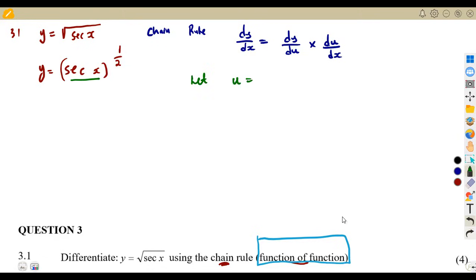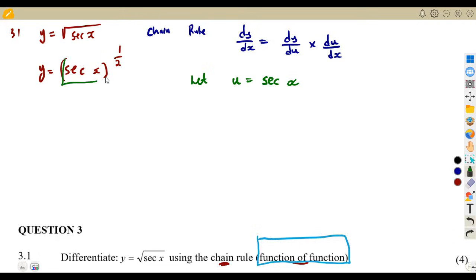That's function of a function. So we are going to have u being equal to sec x, which is the trig function in this case. The moment we say this is now represented by u, everything is going to change.